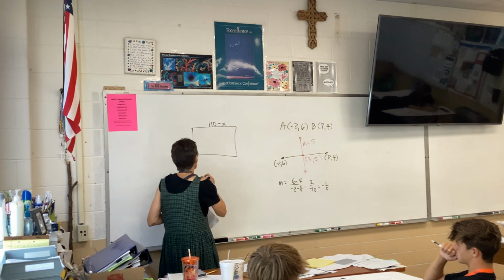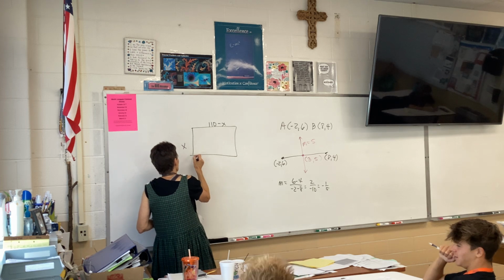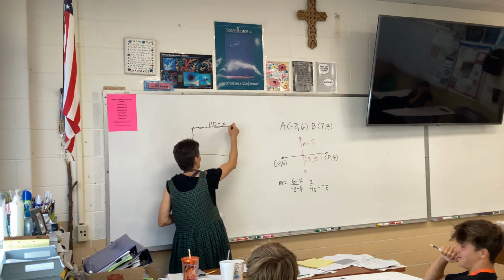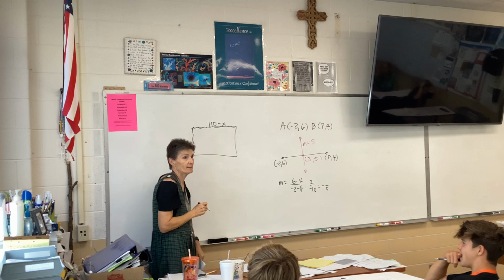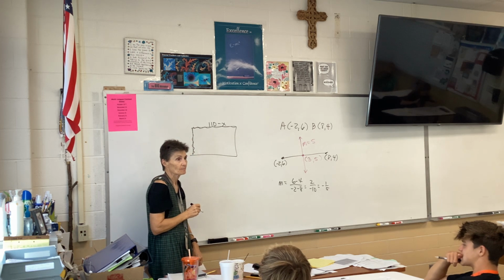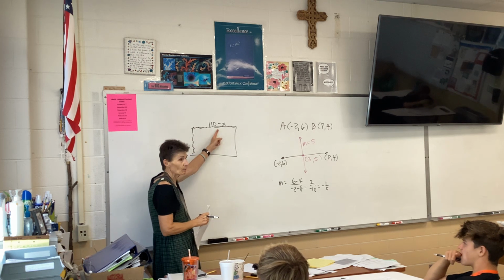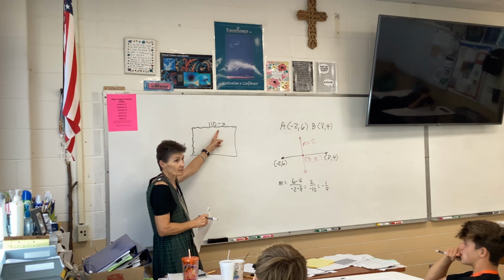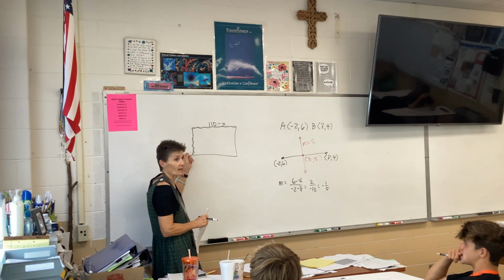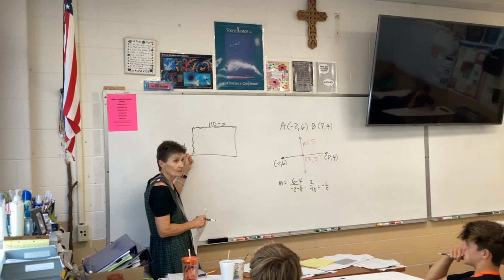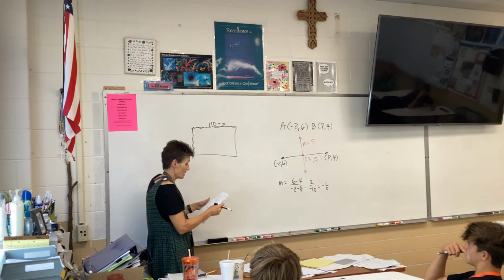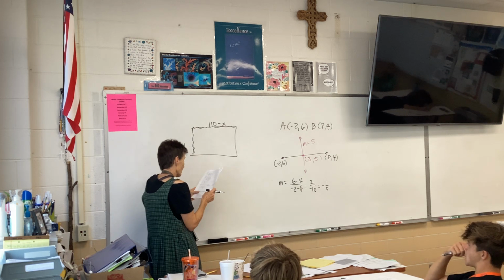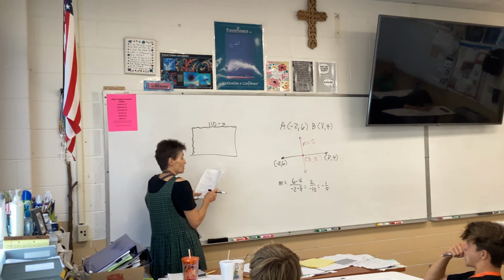All right, the dimensions of the field, perimeter's 220. Now, if the perimeter's 220, then half the perimeter, one width and one length, would be 110. Does that make sense? So if this is x, that would have to be 110 minus x, because these two have to add up to 110. So the area is 3,000.